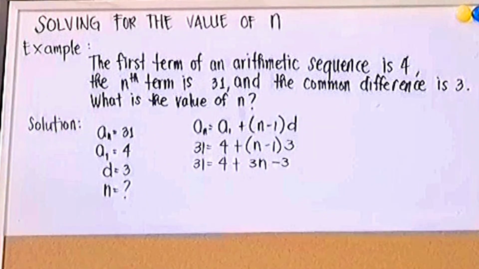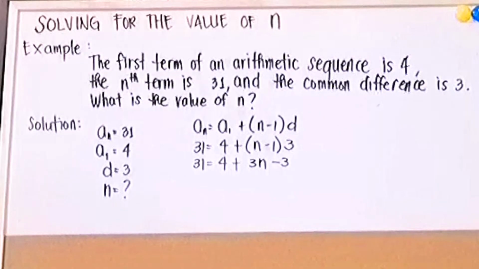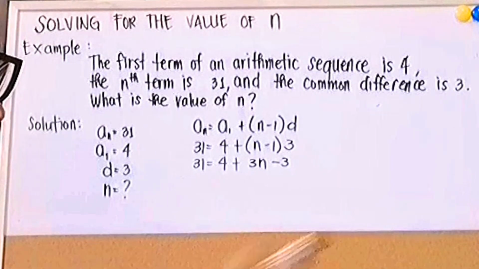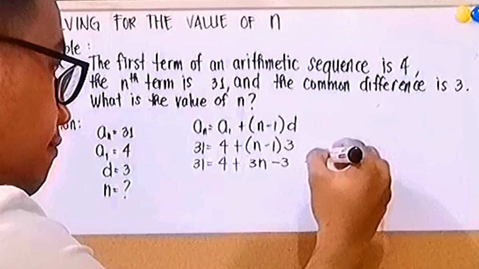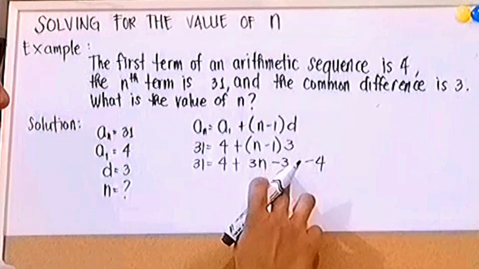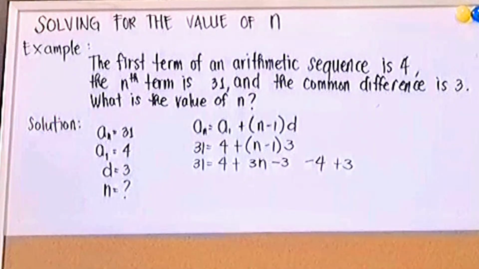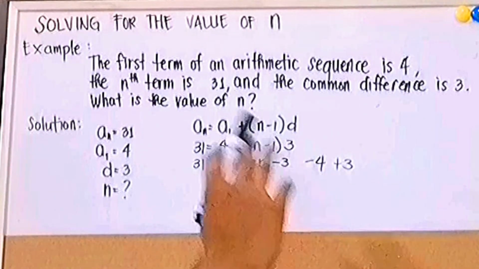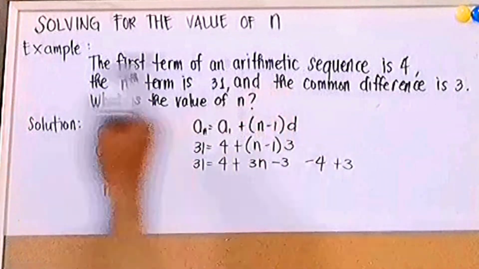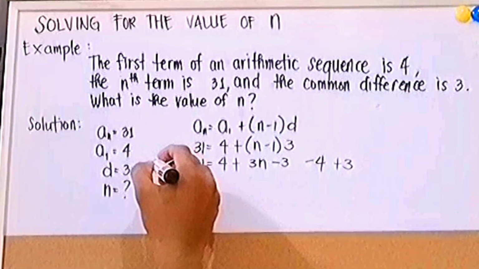Next, to separate those numbers with variables and to those without variables, we apply addition property of equality. So to cancel out 4 here, we put negative 4 here. And to cancel out negative 3 on the right side, we put positive 3 there. Next, what is written on the right side should also be written on the other side.